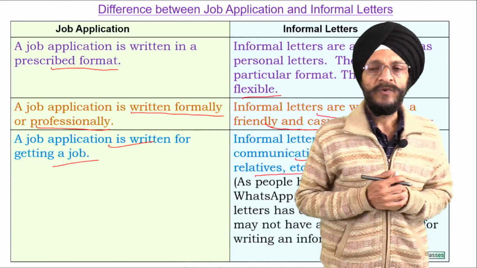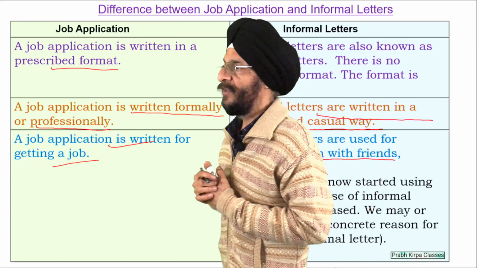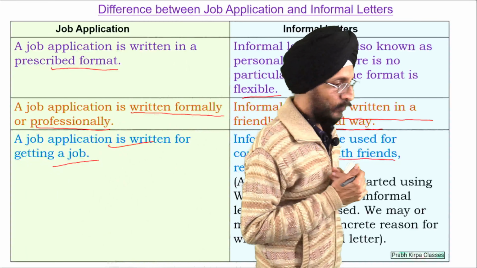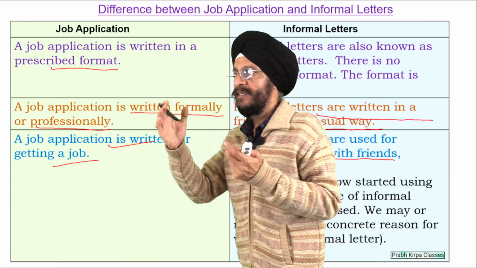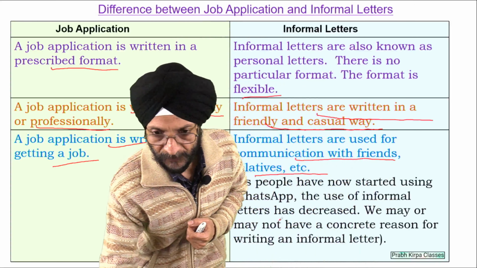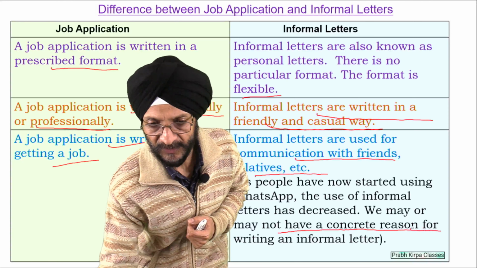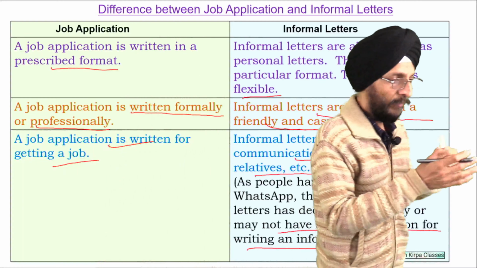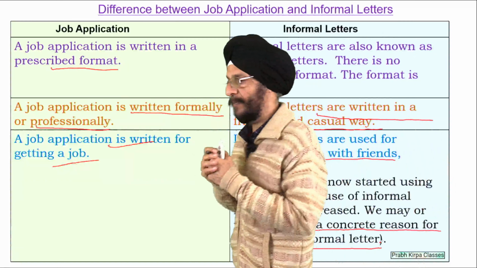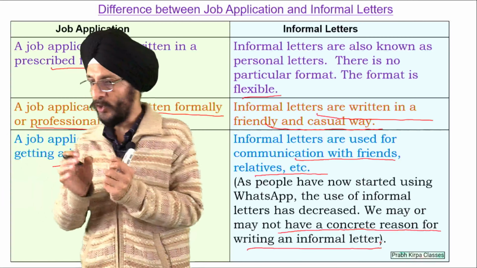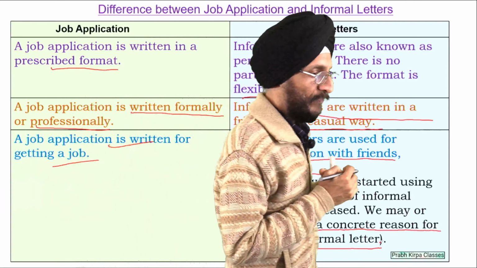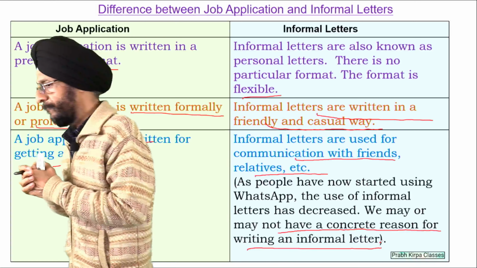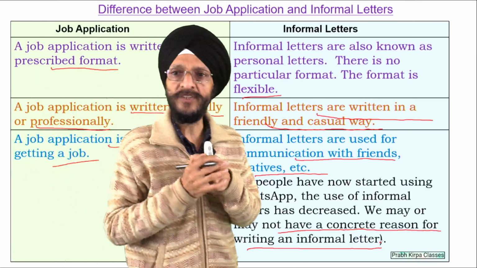As we are making use of social media today, that is WhatsApp, Facebook, the use of informal letters has decreased. We may or may not have a concrete reason for writing an informal letter. On the other hand, whenever we write a formal letter or job application, there is a certain purpose before us. When we write a job application, our purpose is to get a job. Whenever we write to a school principal, our purpose may be remission of fine or to get admission in the school.